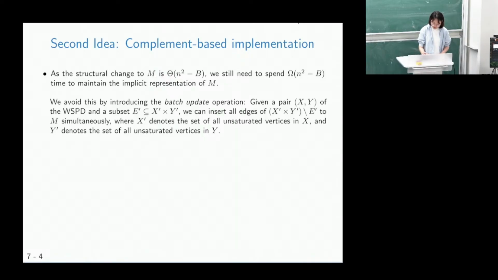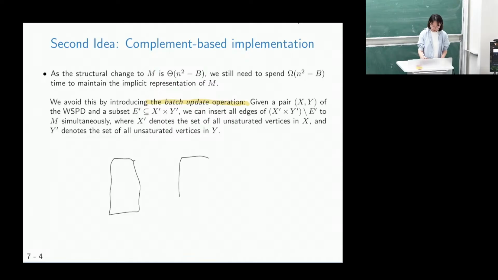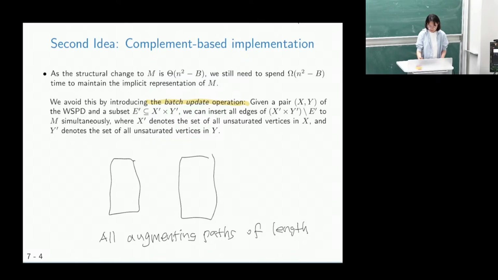To avoid this, we use batch update operation. At the beginning of each scale, we look at each pair of point sets, and we include all augmenting paths of length 1 in a batch way.